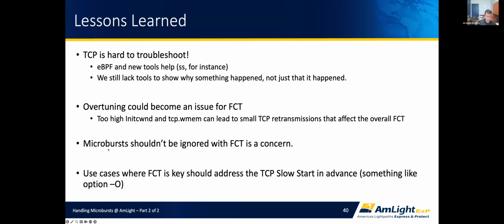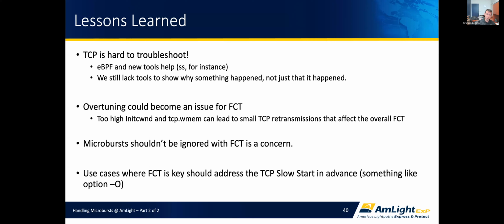Well, if you care about flow completion time, microbursts should be addressed. You should monitor those in your network. And in use cases where flow completion time matters, and I'm saying this because of the Rubin use case here, the best way to address this is to start the slow start before it's time to send it. Even if you send random data, right?